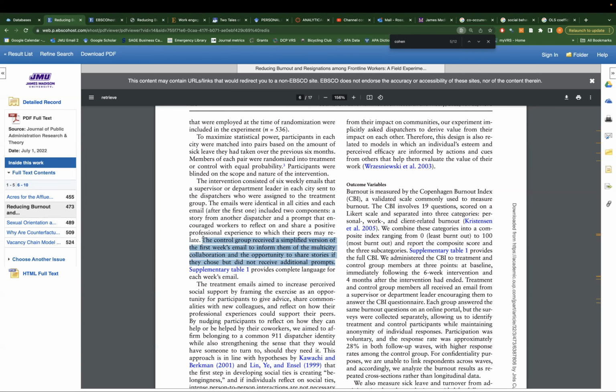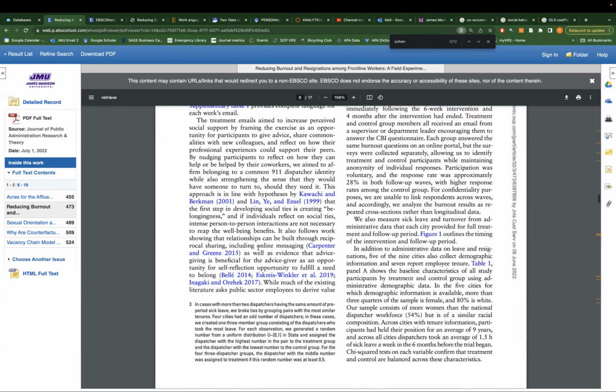So we know it's not some sort of placebo effect where something different is happening, but rather the fact that the emails in the intervention, the experimental group, call for social support. They call for stories where they have this camaraderie, share positive stories, and hear from other dispatchers what their stories are. That's really good.